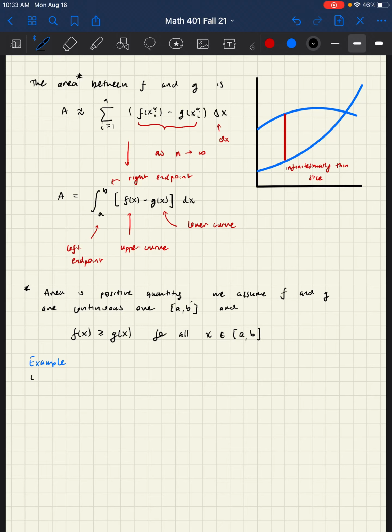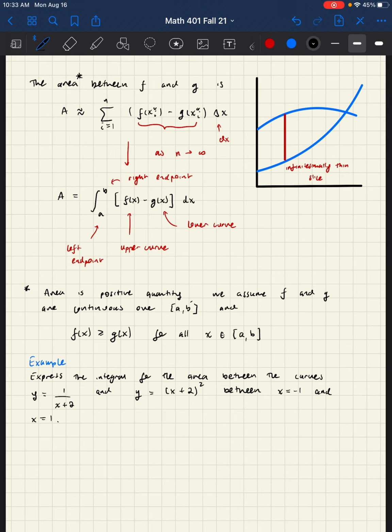We're going to express the integral for the area between the curves y equals 1 over x plus 2 and y equals x plus 2 squared, between x equals -1 and x equals 1.